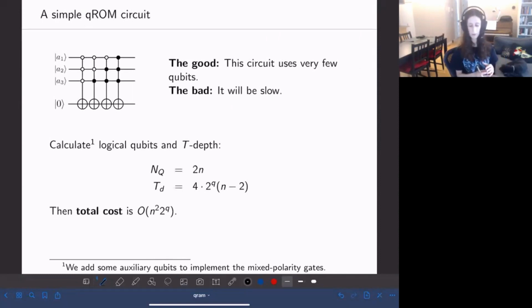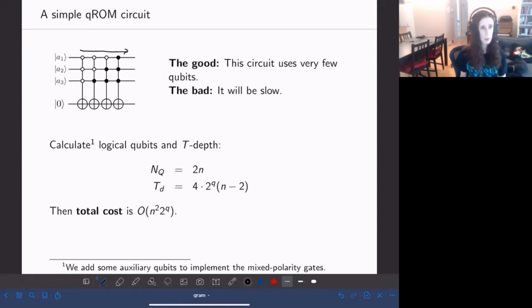If you don't want to do any sort of parallelization of these mixed polarity gates to reduce the T depth, you can get away with using only n+1 qubits. The issue, of course, is that it will be slow. It's going to be sequentially doing all of these mixed polarity gates, and if you have a very large memory, that's going to take a very long time.